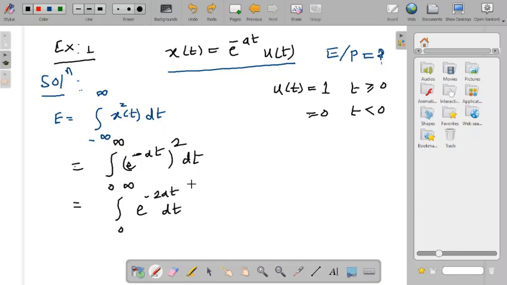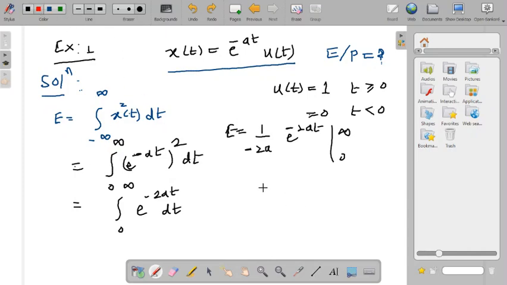So if we simplify this integration, we get energy is equal to 1 upon 2a with negative sign, because we are integrating with respect to t, and e raised to minus 2at, and we are putting limits from 0 to infinity.